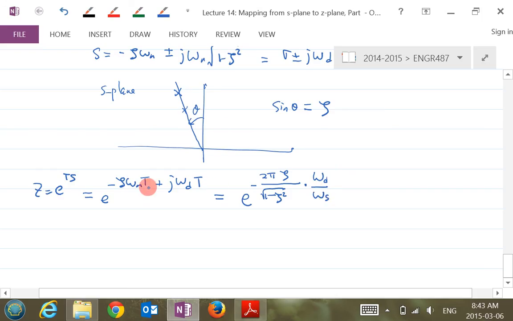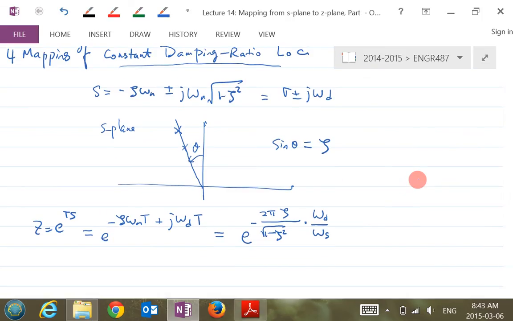That's the first term. If you don't trust me, you can check: omega d is this, and omega s is 2 pi over the sampling time T. If you plug everything in, you end up back at this one here. And for the second term, we're not going to do too much, we just change the T to 2 pi over omega s.